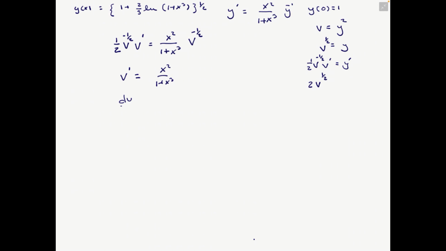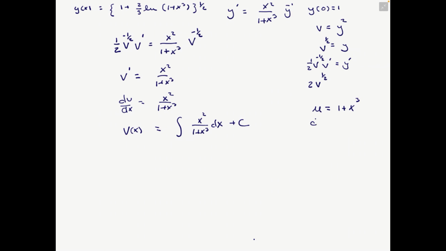So dv dx equals x squared on 1 plus x to the third. And v of x is equal to the integral of x squared over 1 plus x to the third dx plus c. And we use a u substitution.